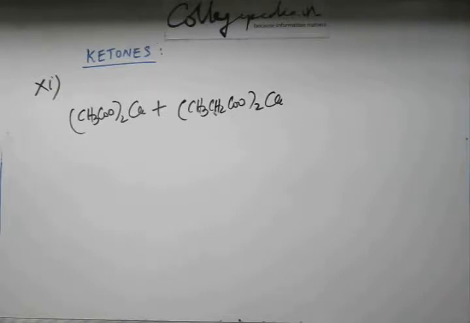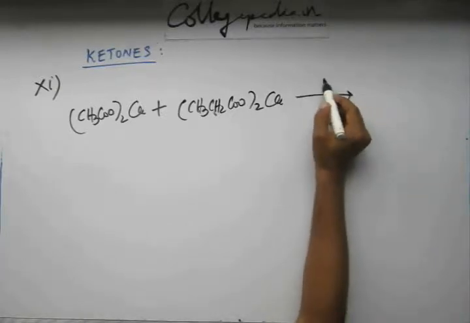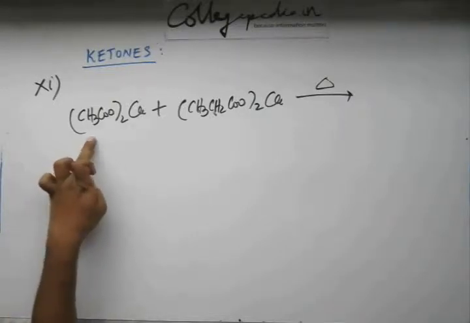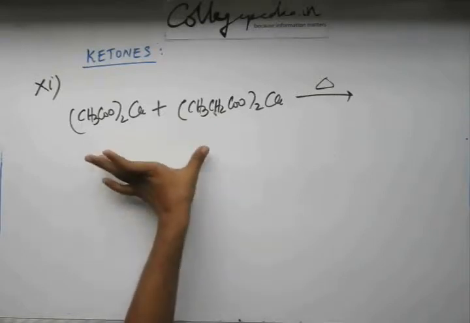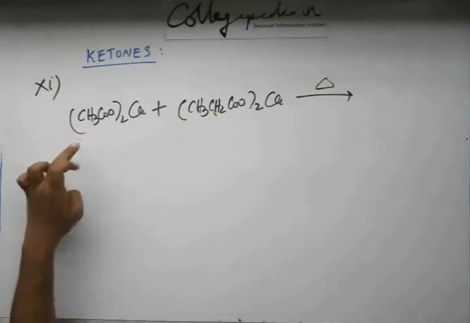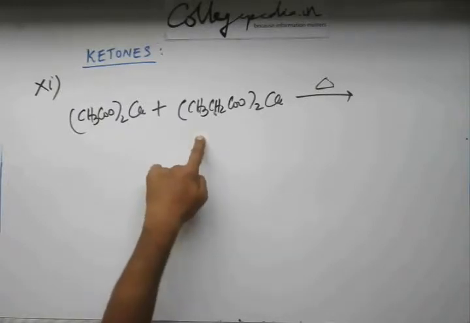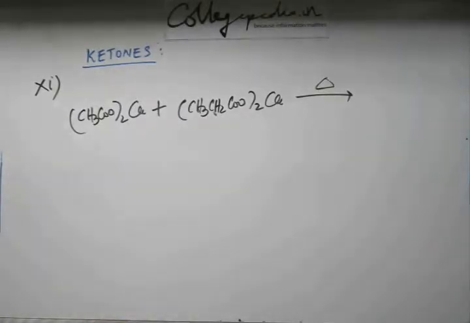So in this case, if I heat it, then there is a possibility that this ethanoate and this propanoate combine together. This ethanoate combines with another ethanoate, and this propanoate combines with another propanoate. So there are three possible combinations. So there will be three possible products.